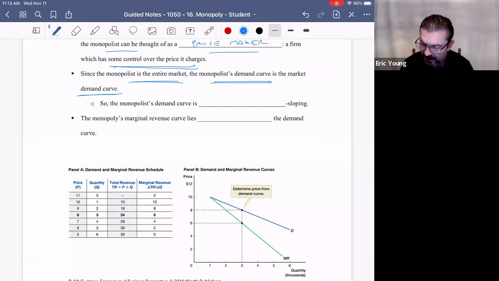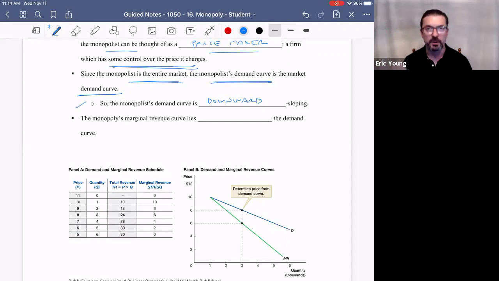This means that the monopolist demand curve is downward sloping. PC firm demand curve, remember, perfectly elastic, perfectly horizontal. Not the case anymore. Because of market power and the structure of this industry, the monopolist demand curve is downward sloping.